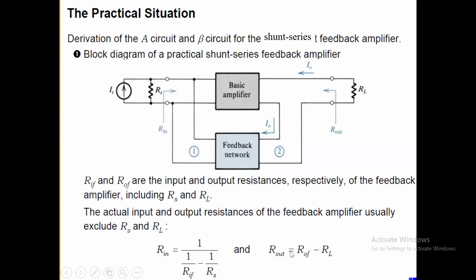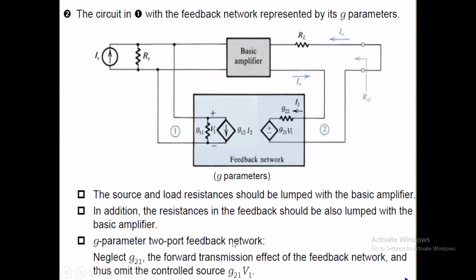So ROF is R out plus RL, therefore R out will be ROF minus RL. Now that is what we are trying to do over here. We are writing RS, we are including RL also over here, and then we are taking the ROF here. So that means RL and ROF are going to come in series.